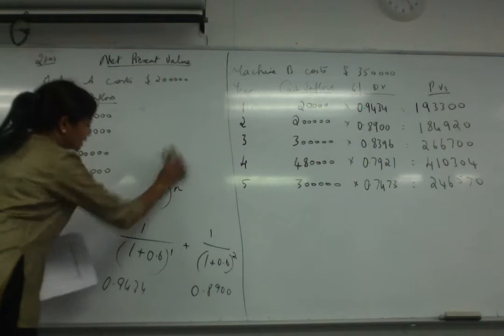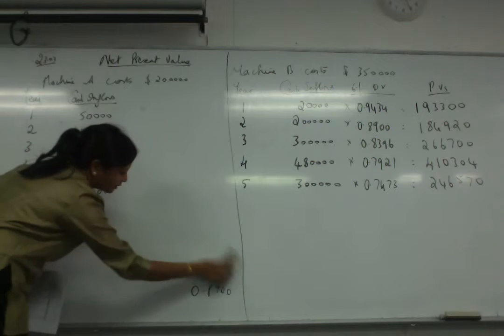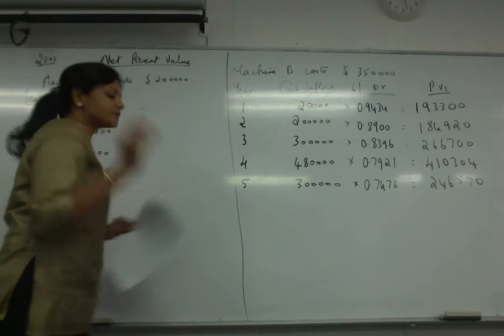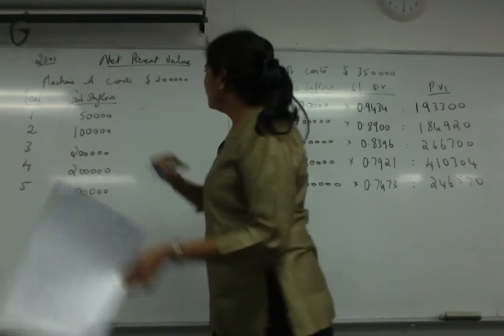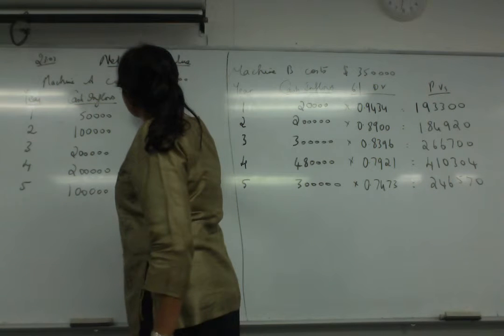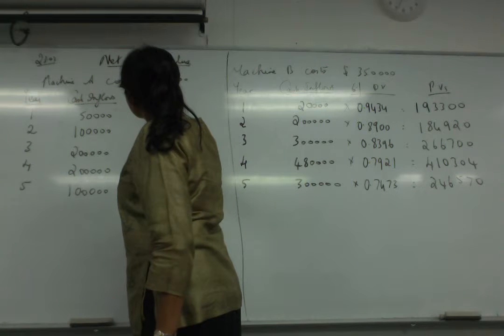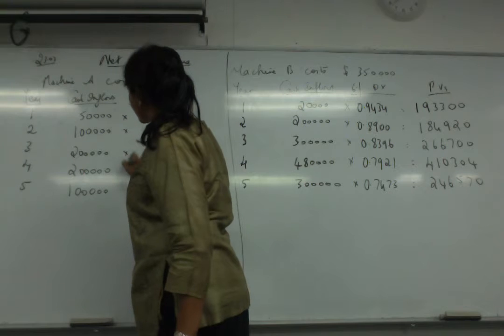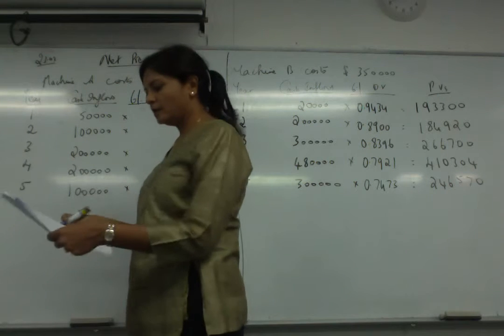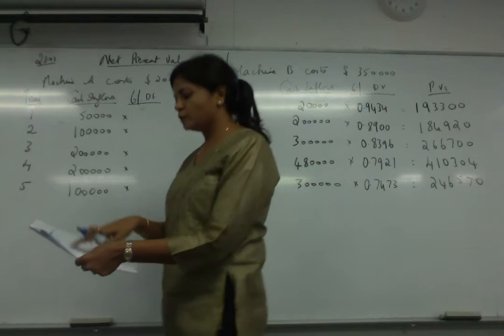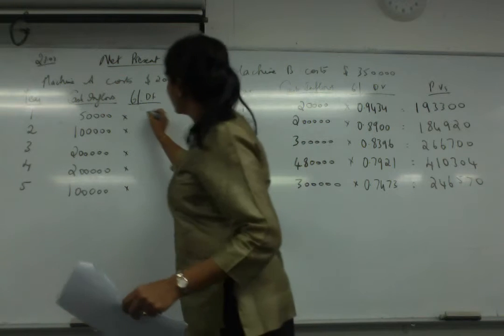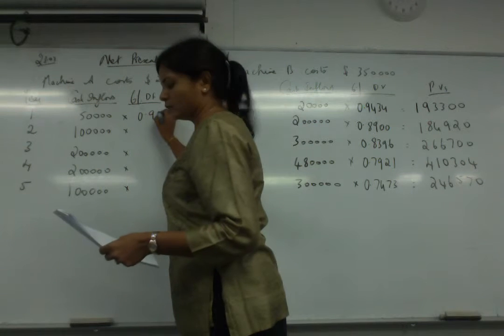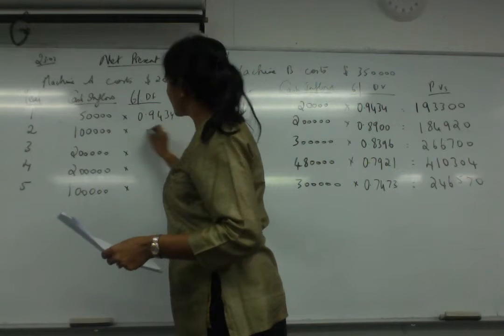Okay, so now with this background knowledge, let's now do NPV. I'm going to take the 6% discount factor. I'm going to write this down. So all I'm going to do is I'm going to copy against 6% for the first 5 years their respective discount tables.